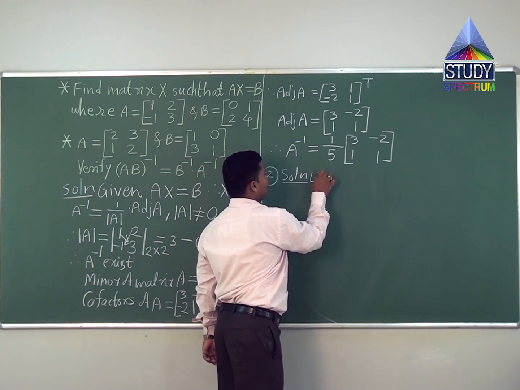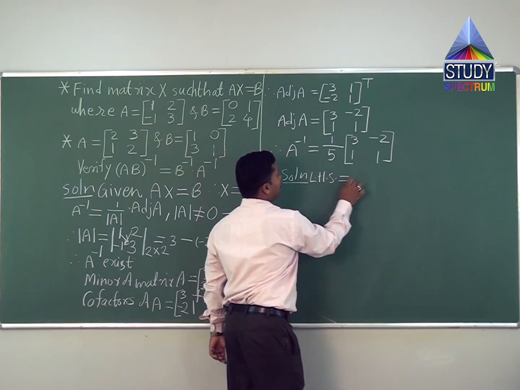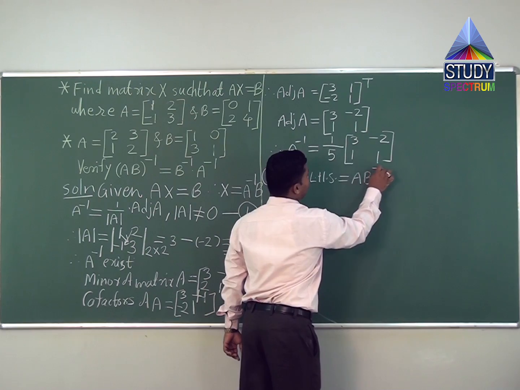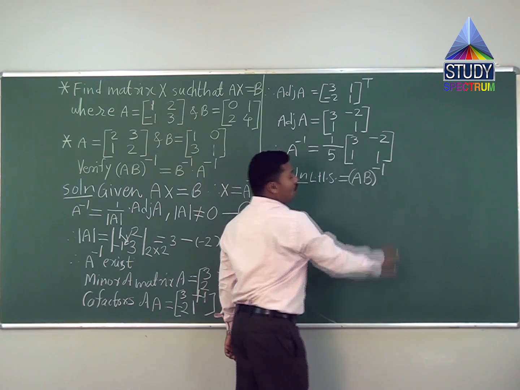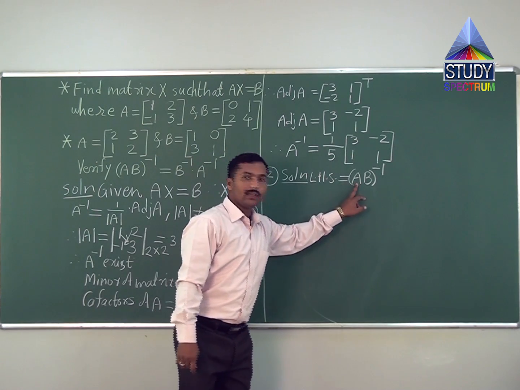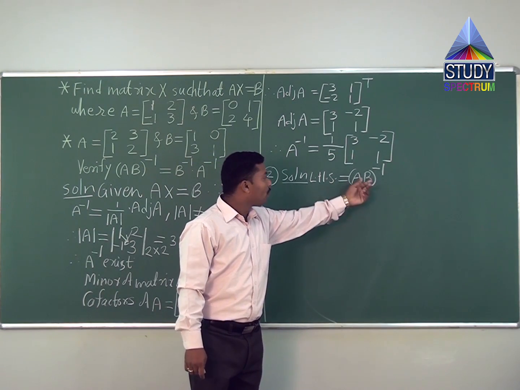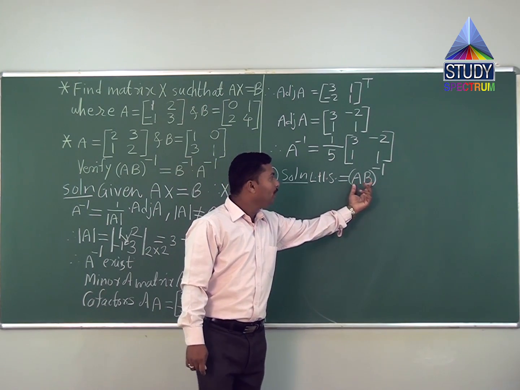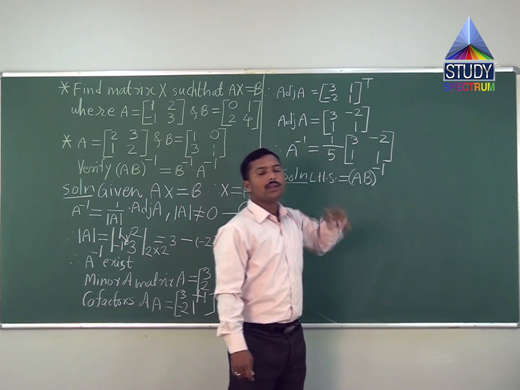LHS is the inverse of AB. So how is the AB inverse prepared? This is A, this is B, A into B. So first we find A into B and then find its inverse.